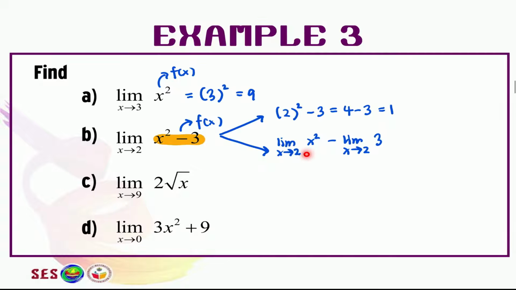So this will become 4, and from the first property, this will become 3. And the answer is 1. See, the same answer. Properties is best used when we have unknown functions, just like in the exercise that you did in the previous video. If you know the function, it's easier to just substitute the value of x. But if you insist on using the properties, then go ahead.